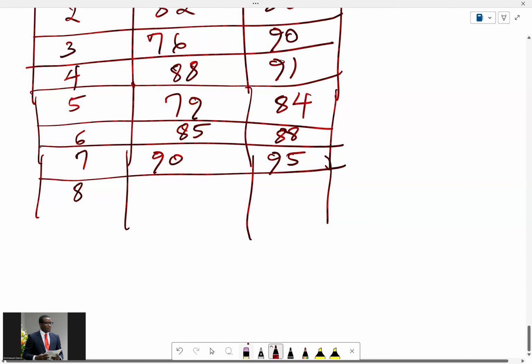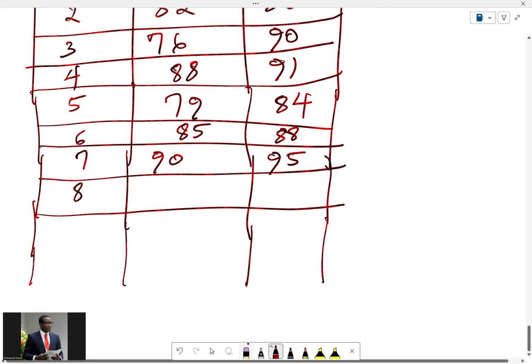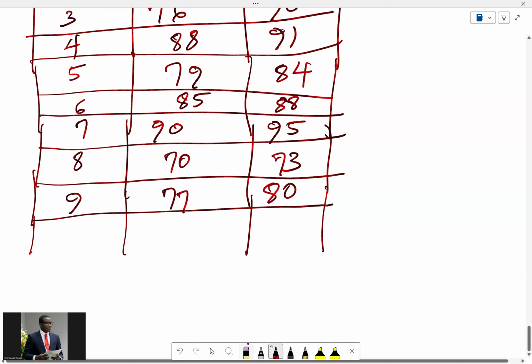Student 8: 70, 73. Student 9: 77, 80. And student 10: 81, 87.